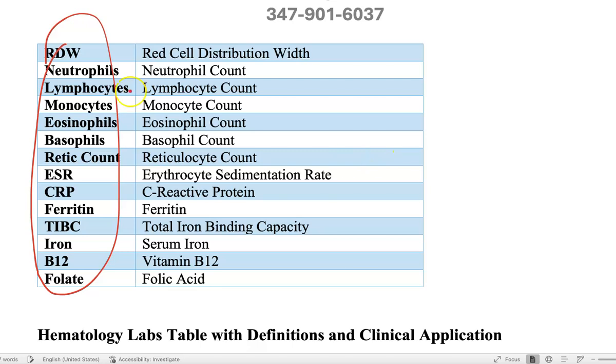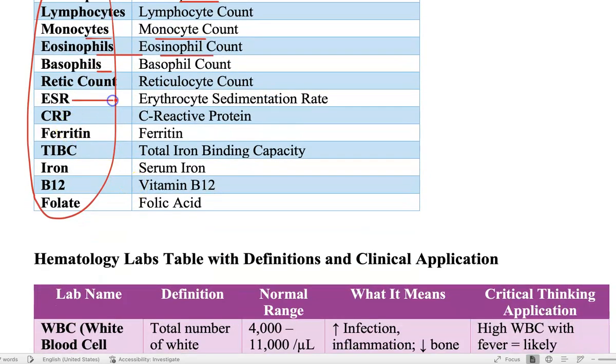Listen, RDW, red cell distribution width; neutrophils of course; lymphocyte, monocyte, eosinophil count. Those are all straightforward. Which one is an abbreviation? ESR, erythrocyte sedimentation rate; CRP, C-reactive protein. I'm skipping ferritin. Ferritin is ferritin. TIBC, total iron binding capacity. Iron is iron, of course. B12 is vitamin B12, and that is that.